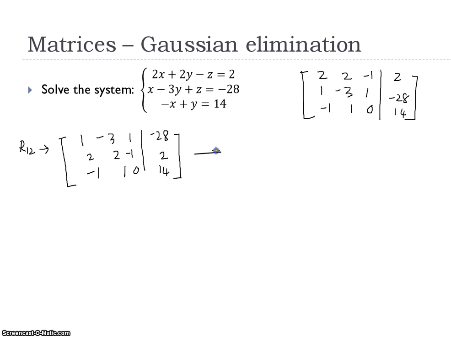So we continue. Now we want to eliminate down the first column by using the 1 in the upper left corner to change all the elements below 1 in column 1 to become 0.